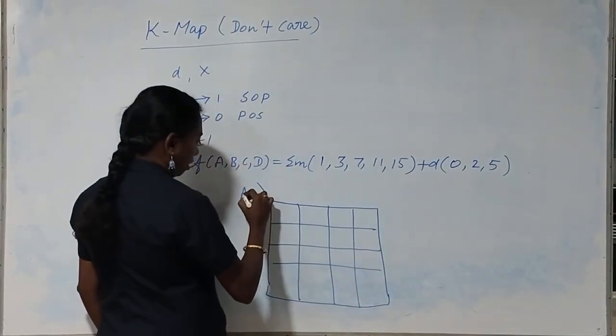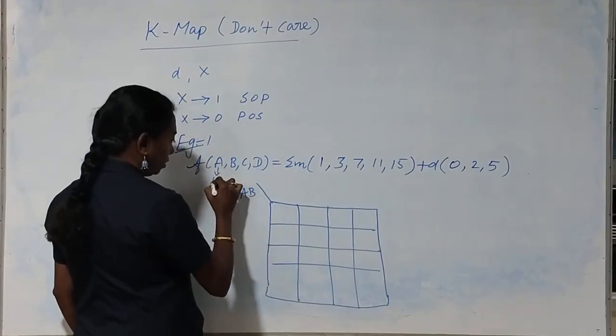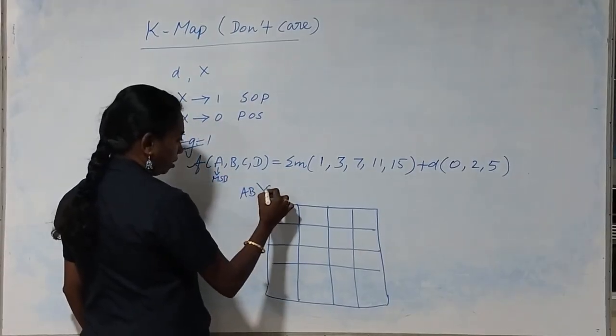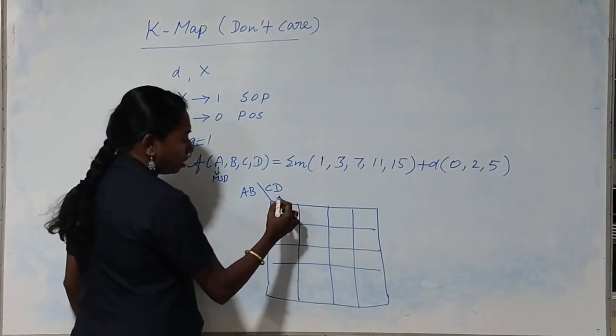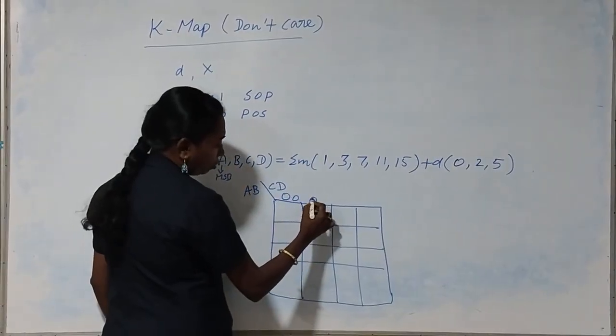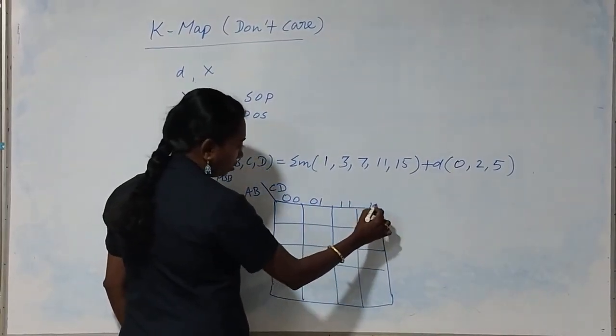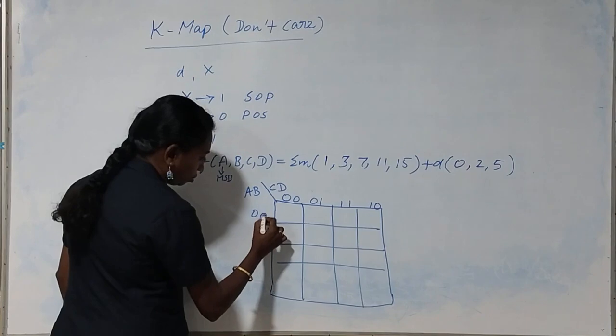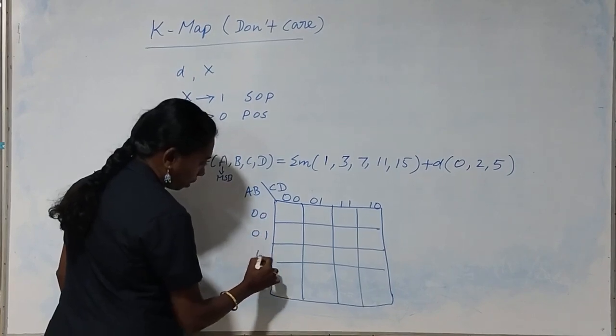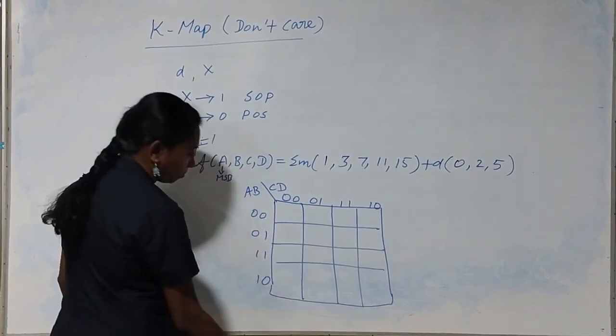This is A, B, and it should start with MSB, and here this is C, D. The 4-bit combinations are 0 0, 0 1, 1 1, 1 0, and again here also 0 0, 0 1, 1 1, and 1 0.